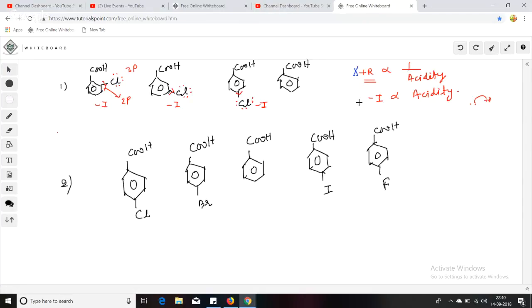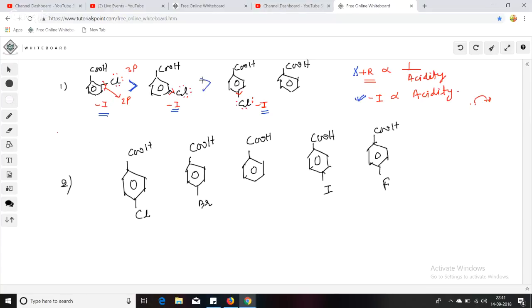So we'll consider only minus I in this, since we have 2p and 3p orbitals. So minus I we have maximum in this because it is closest to this COOH group. So it is the most acidic compound.